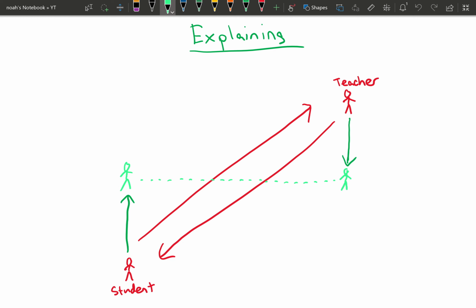So you just got to know your stuff really well and do examples, do demos, have them go through questions themselves. And you just want to say things like, this is challenging. A lot of people find this difficult. And just explain it in different ways as people learn differently and struggle with different things.